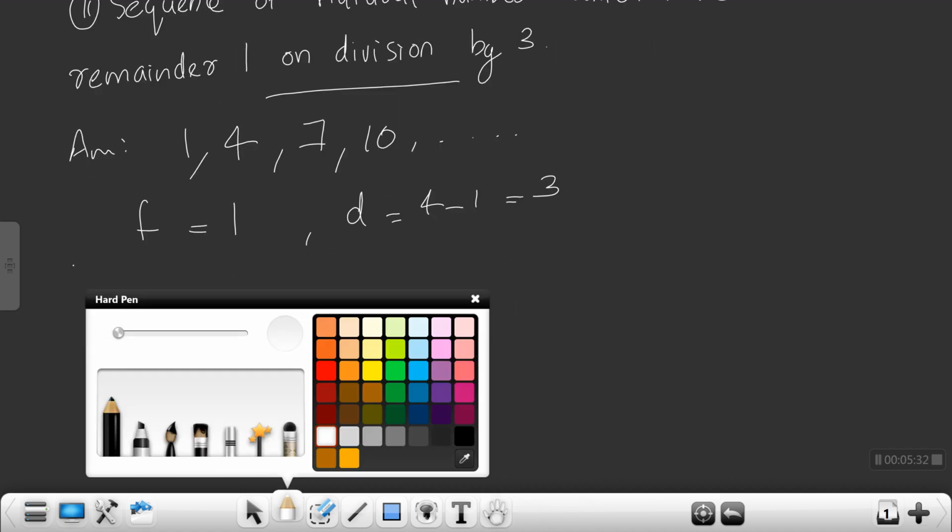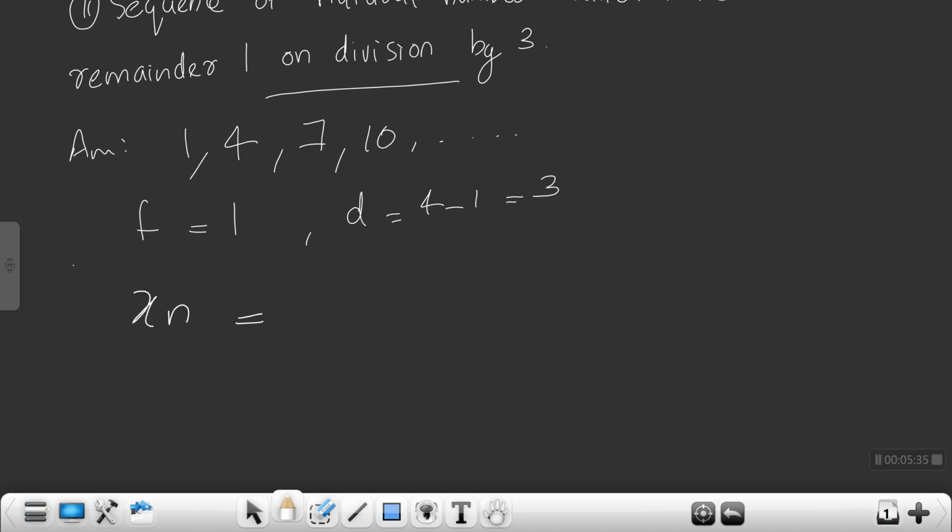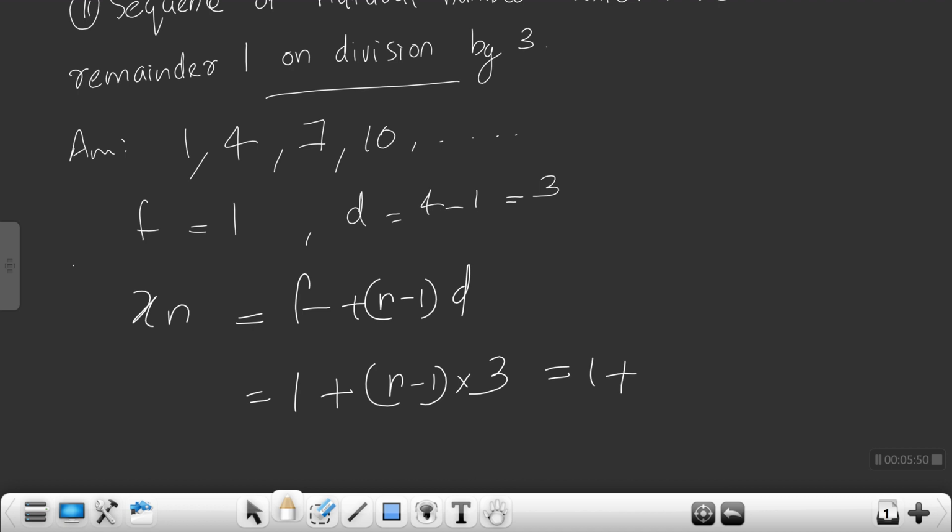Then the algebraic expression xn is equal to f plus n minus 1 into d, which is 1 plus n minus 1 into 3, equal to 1 plus 3n minus 3, which is 3n minus 2. 3n minus 2 is the algebraic expression of the sequence of numbers which leave remainder 1 on division by 3.